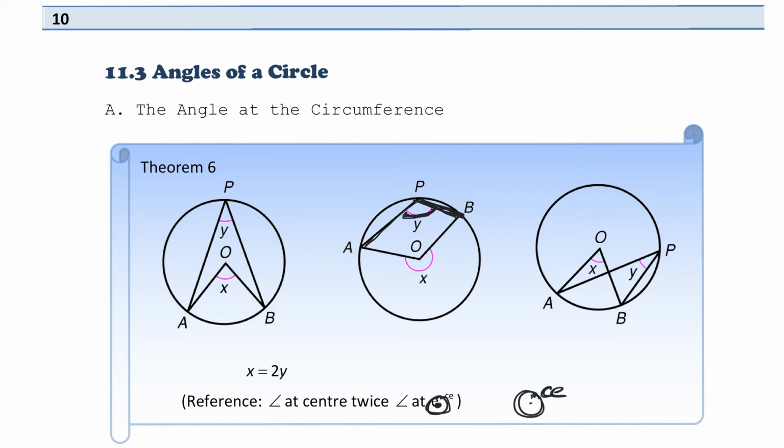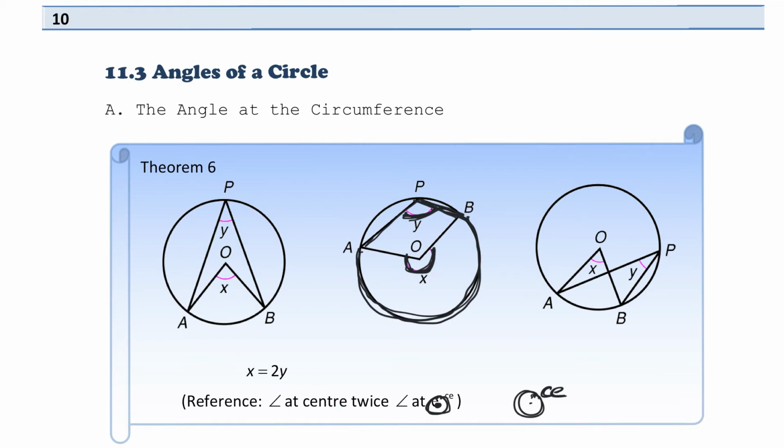Because this angle is subtended by the major arc AB, then this is the angle at center subtended by arc AB. So we can also have this result, x is equal to 2y. In our lesson, I won't prove it with you, but you just need to remember it. Angle at center is twice angle at circumference.